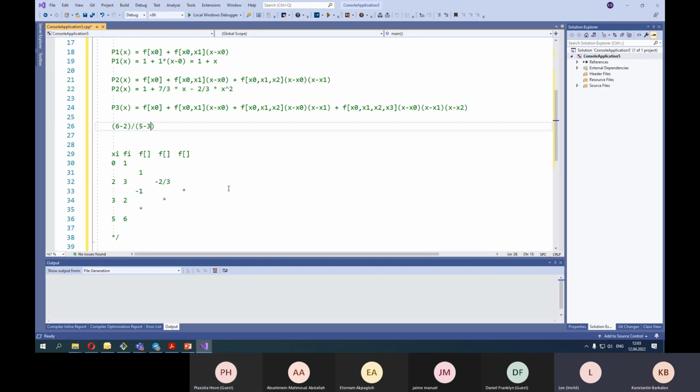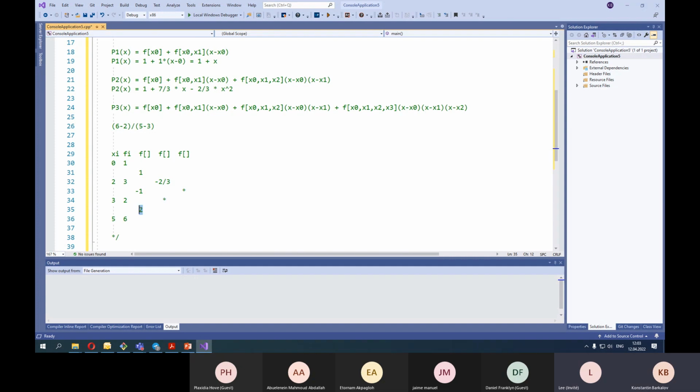All the computations are extremely simple here and can be done just in mind, without computers, without calculators. 6 minus 2 is 4, 5 minus 3 is 2. What is the value of 4 over 2? 2. Right.